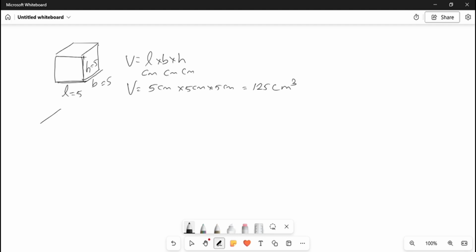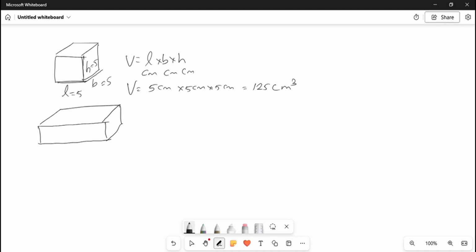Similarly, if you look at a cuboid, the faces are rectangular in shape, but they don't need to be equal. It may have different length, breadth and height.